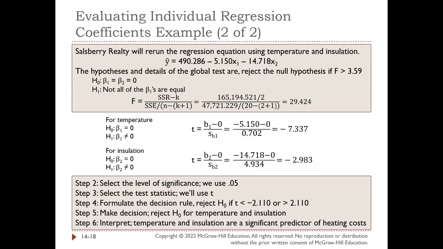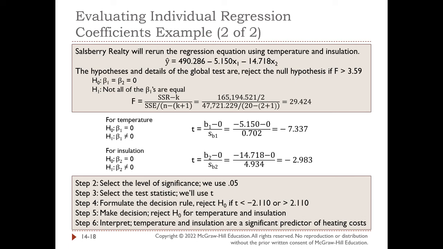So Salisbury Realty will rerun the regression equation using temperature and insulation. The hypothesis and detail of the global test are: reject the null hypothesis if F is greater than 3.59. Again, they're using Excel to find the degrees of freedom and everything from the ANOVA table.